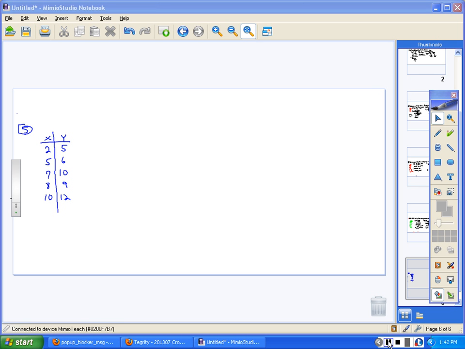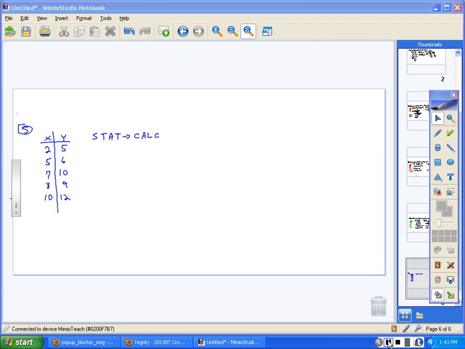So on the TI calculators, we turn it on, and you're going to push stat, and then you're going to arrow over to calc. So arrow over to calc, and then I just push the number 8.